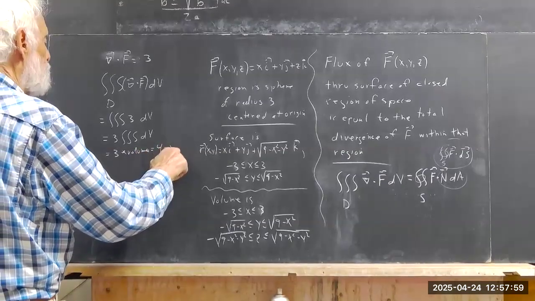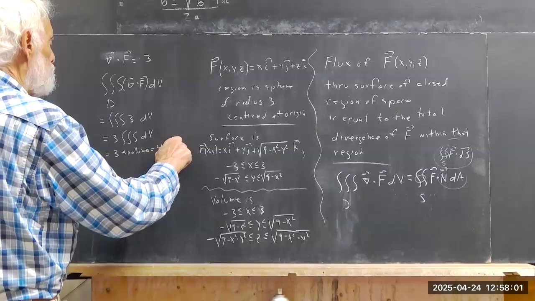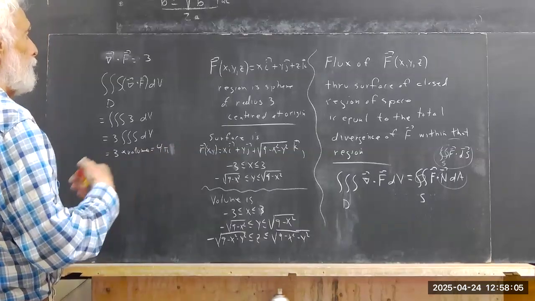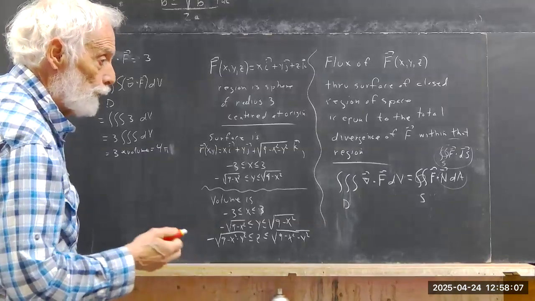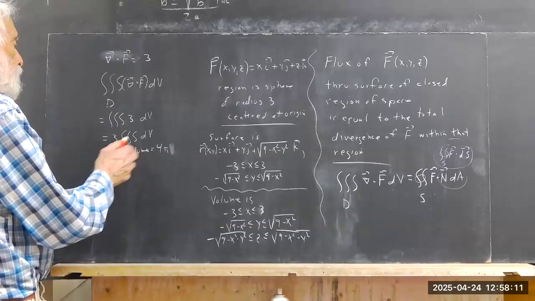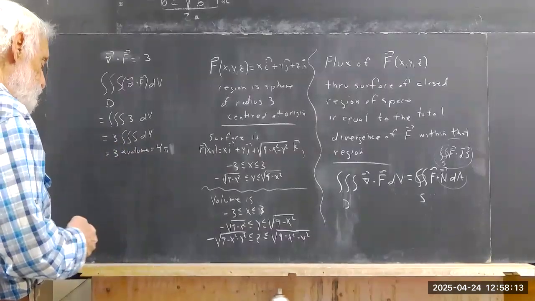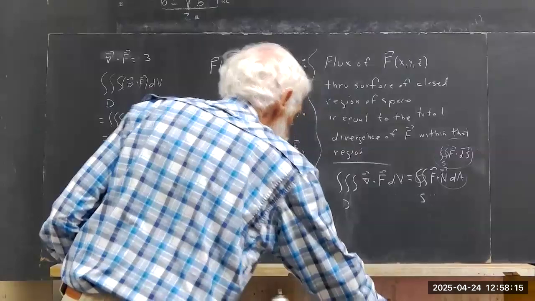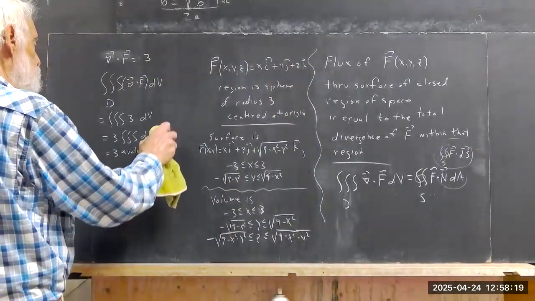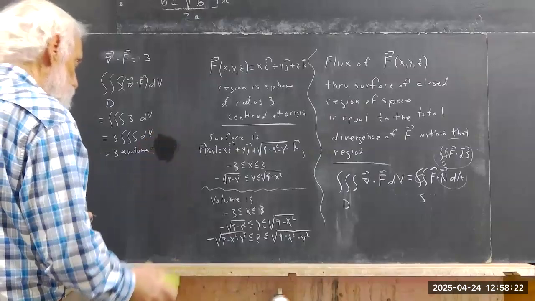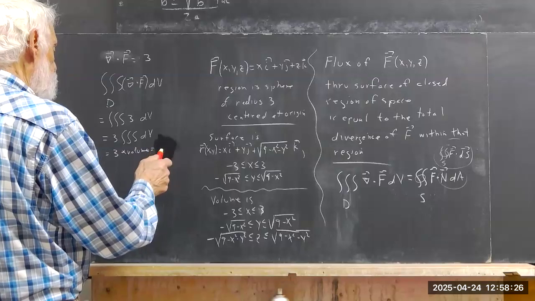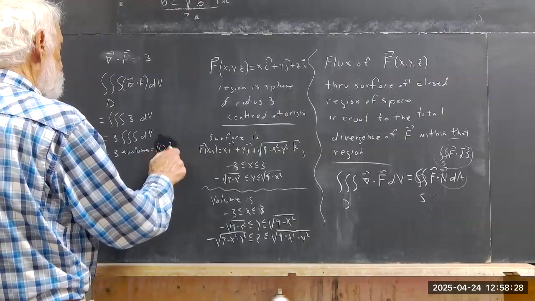Our volume is 4/3 pi r cubed, right? 3 takes care of the 4/3. It's 27, so I think it's 108 pi.